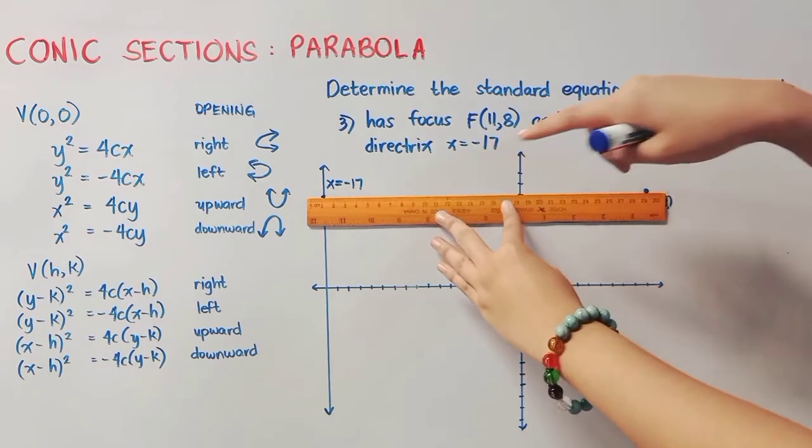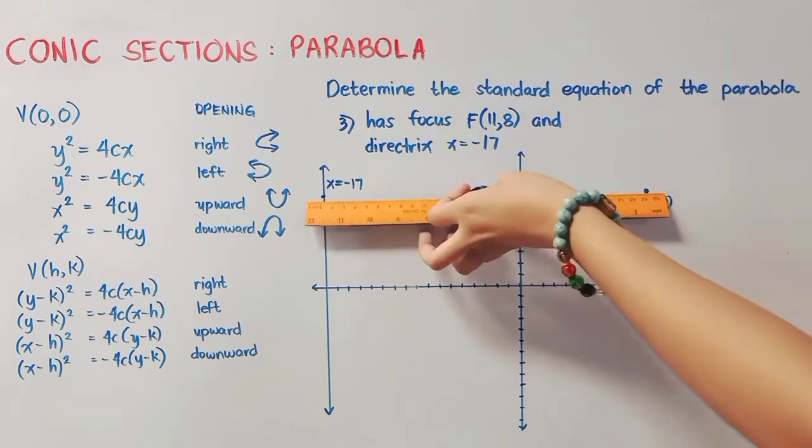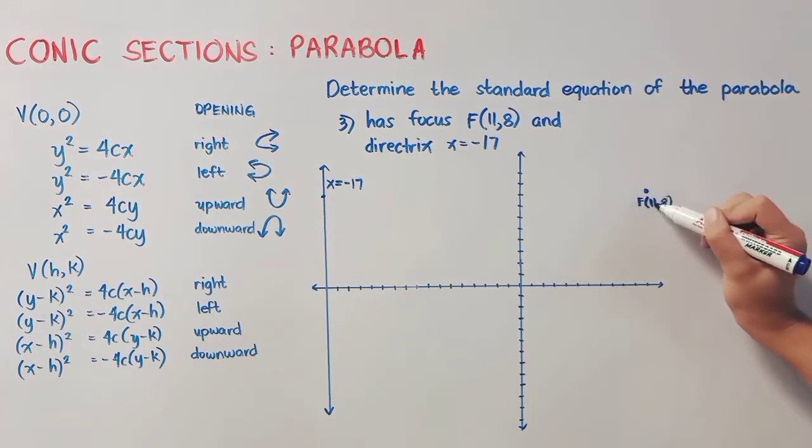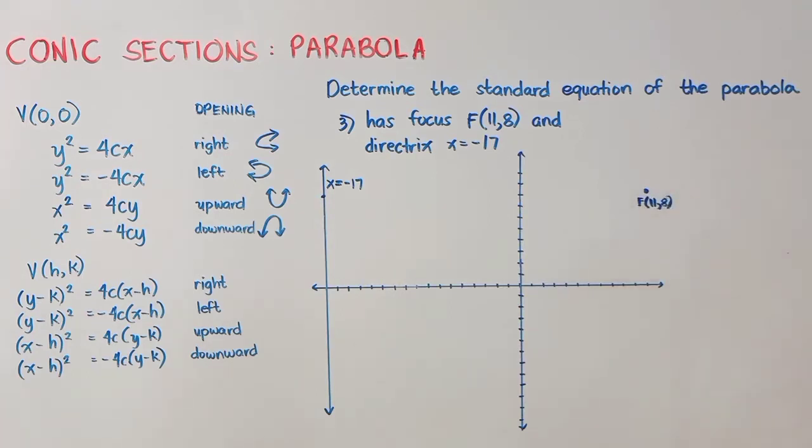So to get that point, we'll have to get the average of our x values. We have 11 and negative 17. So 11 plus negative 17 all over 2, that is equal to negative 6 divided by 2.